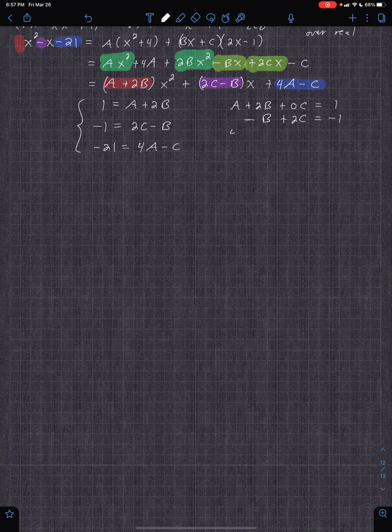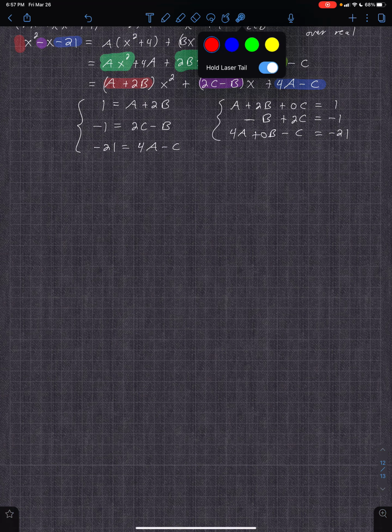And then that's a positive 4a minus c, that would be a plus 0b, equal to negative 21. So normally when I write the system, I want to have your a's lined up. I need to put the 0a in there. You don't need to do that part, but okay. So now you want to eliminate, however you want to solve it really.